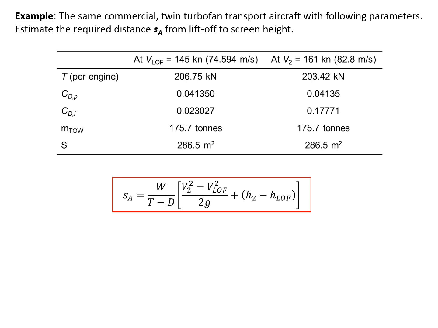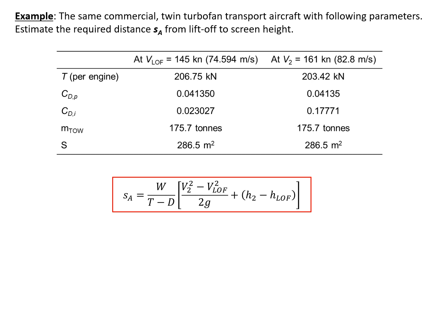The drag, let's look at the drag CDP and the CDI, parasitic drag coefficient and induced drag coefficient, also changed slightly. The parasitic drag coefficient doesn't change, but the induced drag coefficient does increase a little bit, and also the takeoff weight doesn't change, and the wing area apparently doesn't change.